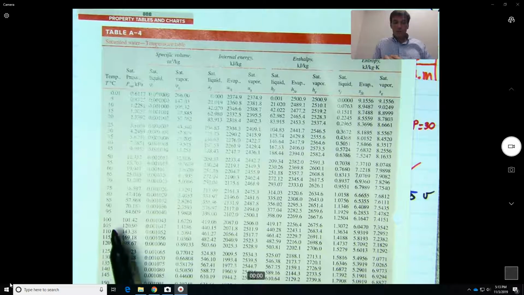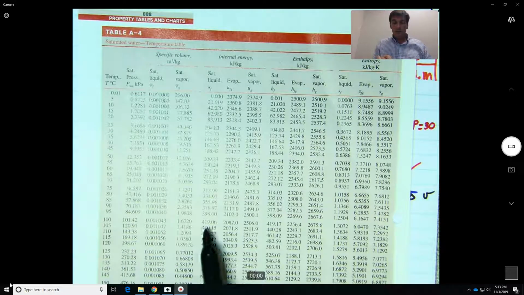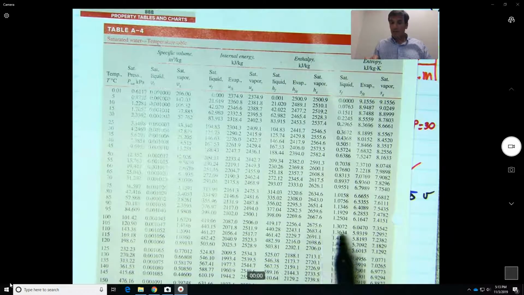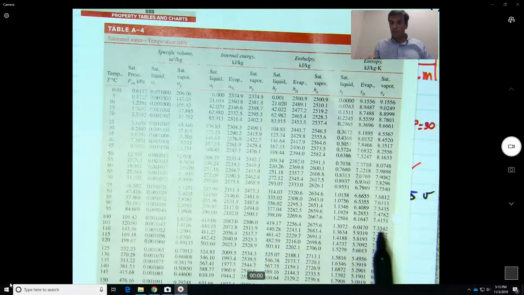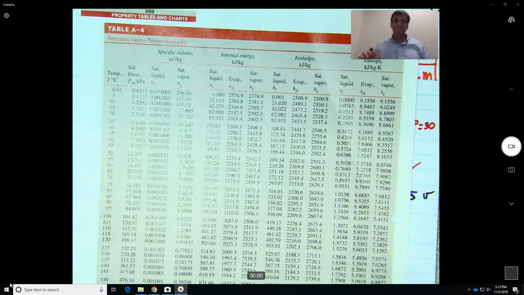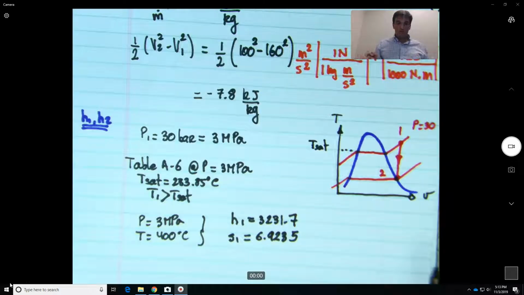So temperature is 100. So we know that H2 will be equal to H gas, which is 2,675.6, and S2 will be equal to S gas, 7.3542. Okay? All right, so let me just write this down.